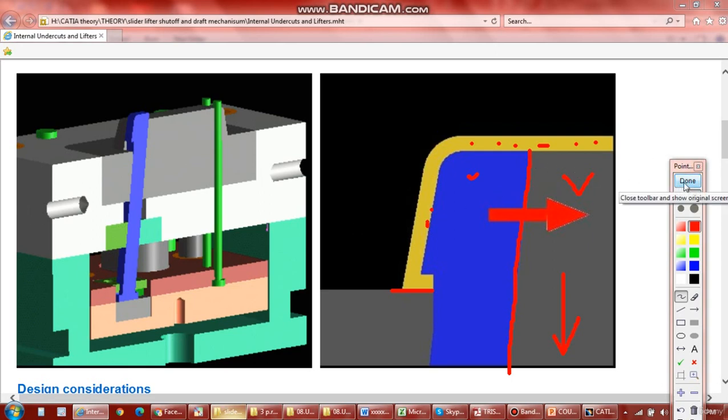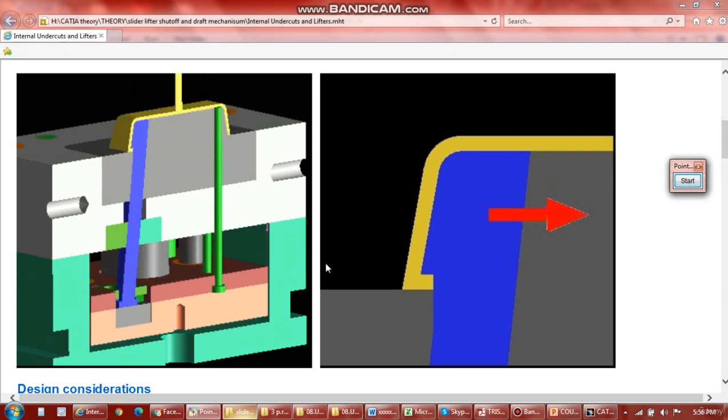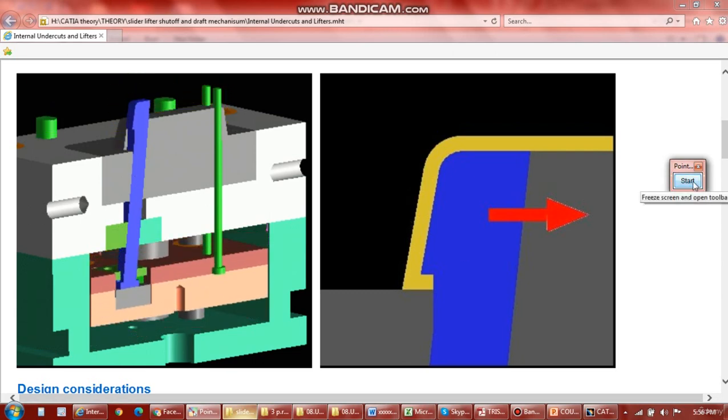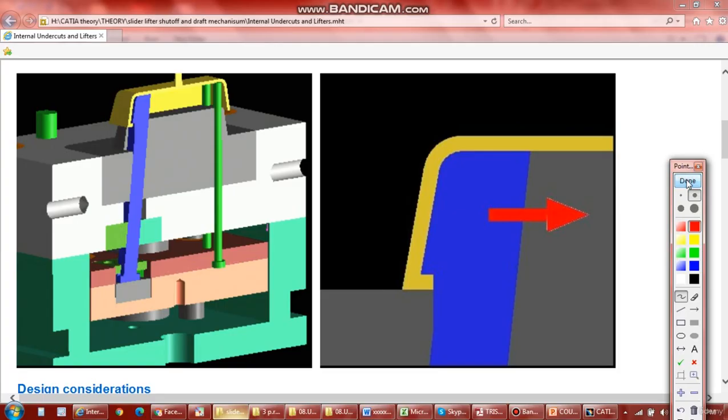If you focus on this video, you can see how it works. First the core is pushing this side, then our lifter is moving from here.